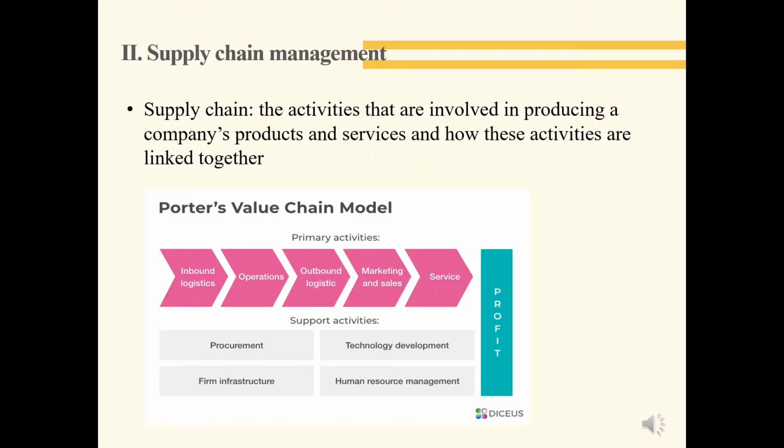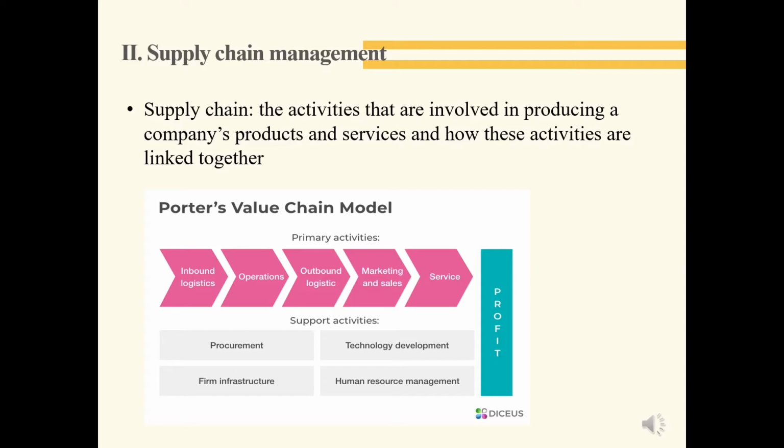Now we move to managing global supply chains, and first we will have a definition of supply chain. It refers to the activities that are involved in producing a company's products and services, and how these activities are linked together.